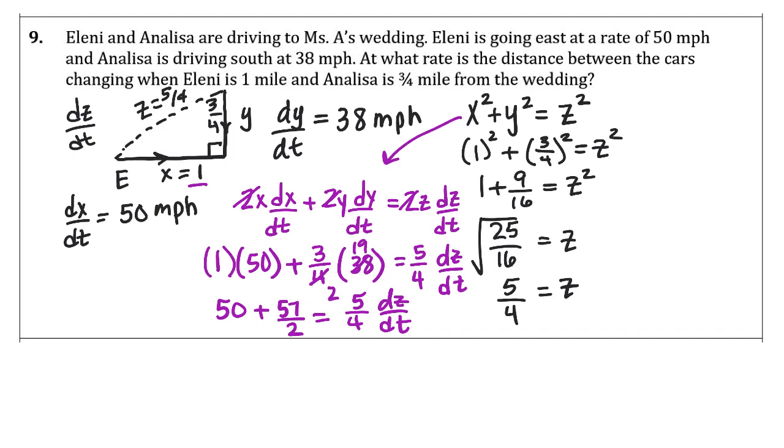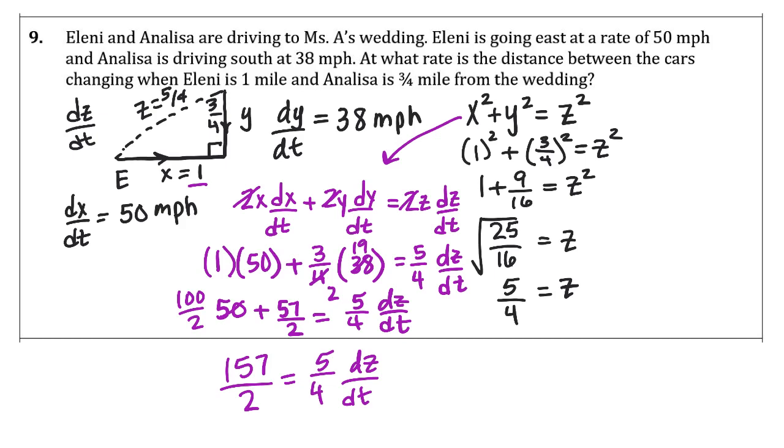Putting this together, I'm going to change 50 to 100 over 2 with a common denominator. So that's 157 over 2 equals 5/4 dz/dt.